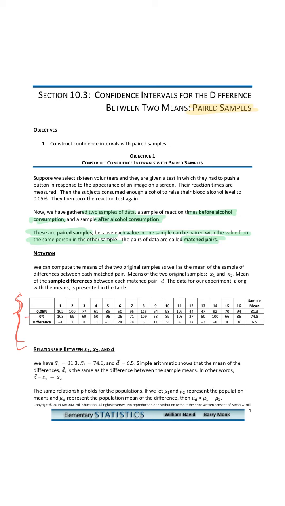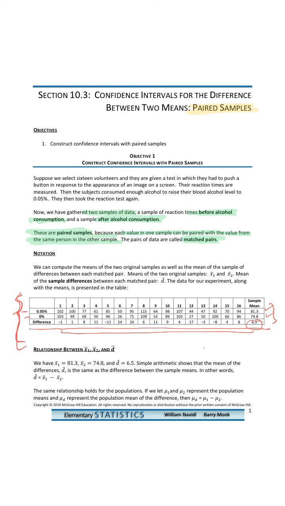So 0% alcohol, this is 0.05% alcohol, and this is the reaction time, and the sample mean of each one is given, and the last row, that is the difference between the reaction time. So if we calculate the mean of this difference, that is same as the difference between the sample means.